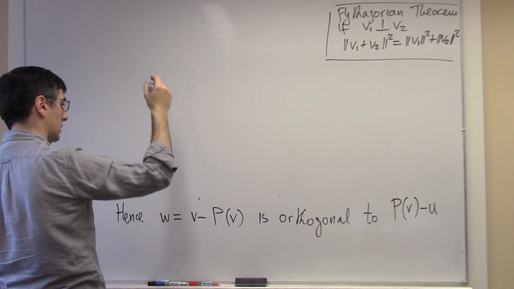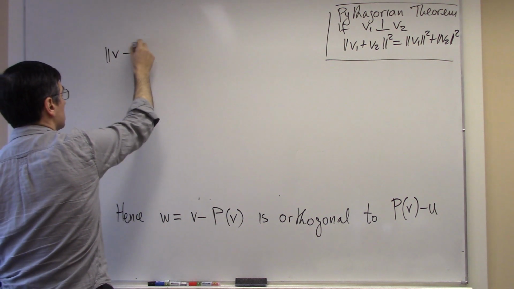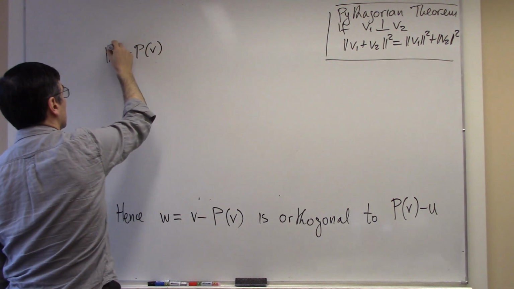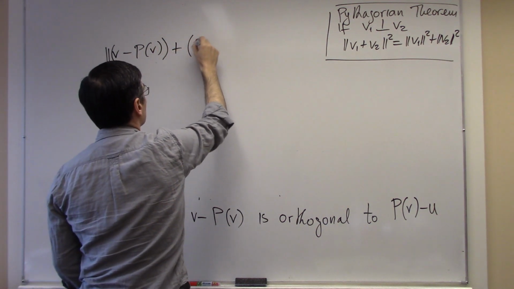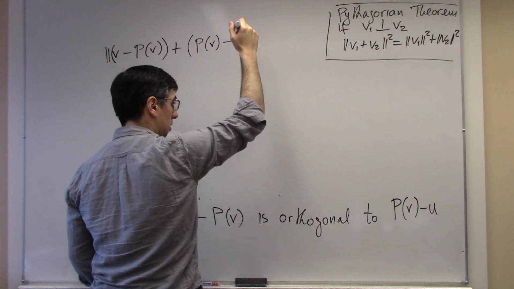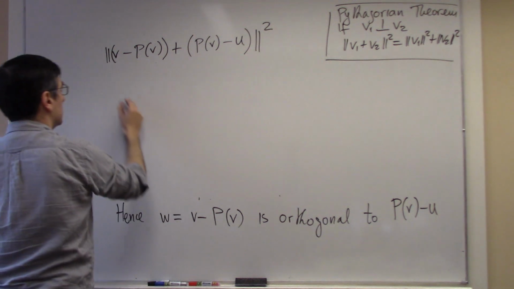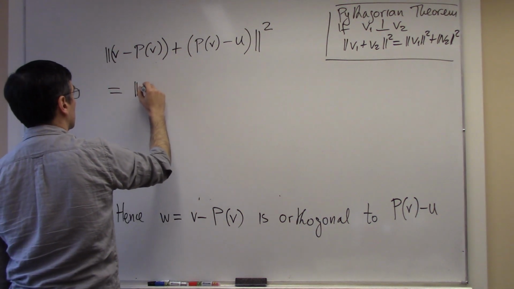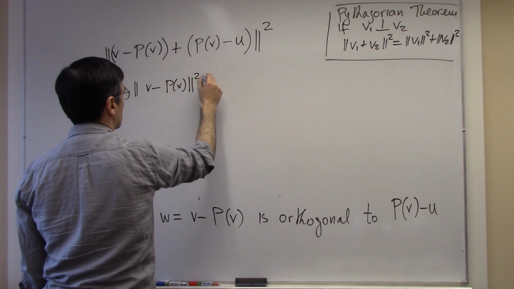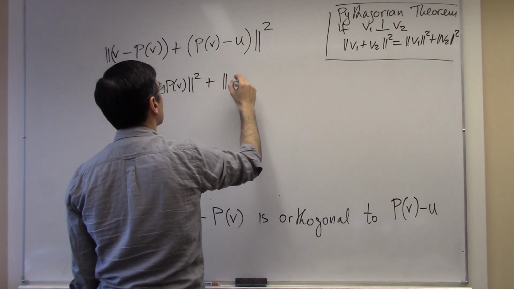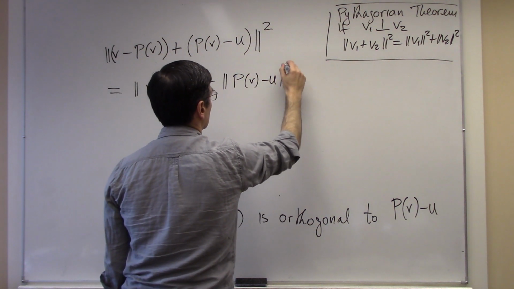So we get that the norm of V minus PV, plus PV minus u, squared is equal to the norm of V minus PV squared plus the norm of PV minus u squared.